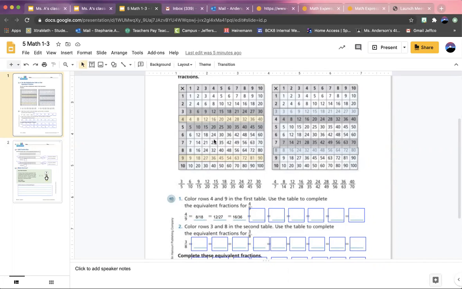And you guys are literally going to follow the multiplication table and use these as your multipliers here. So I did the first ones for you. We ended up with 8/18 when we multiplied by 2 here, 12/27 when we multiplied by 3 here, and 16/36 when we multiplied by 4.